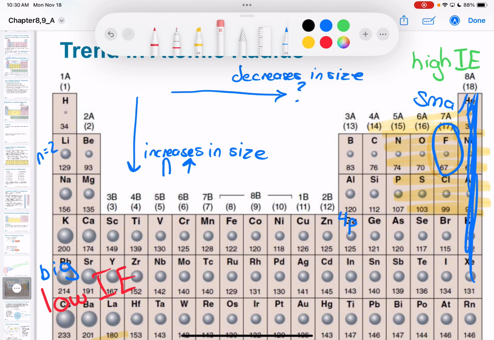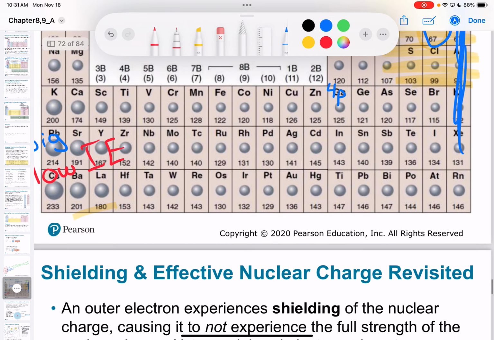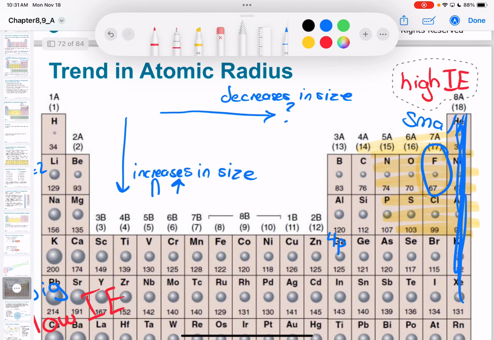Like you can infer from the fact that this corner has high ionization energies, that must mean that the ionization energy decreases going down, right? They're getting bigger, and so it's easier to take their electrons off. So the ionization energy decreases going down and it decreases going this way. So if you picture it from this corner, they get bigger going that way and they get bigger going that way.